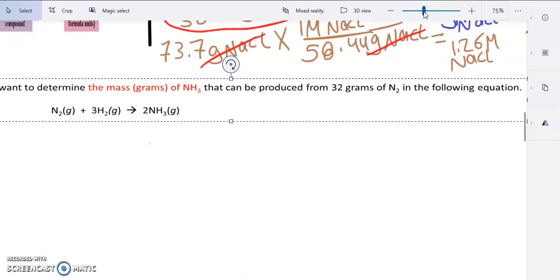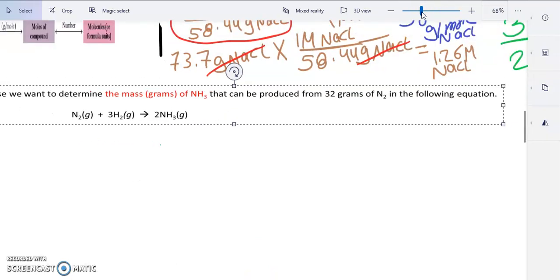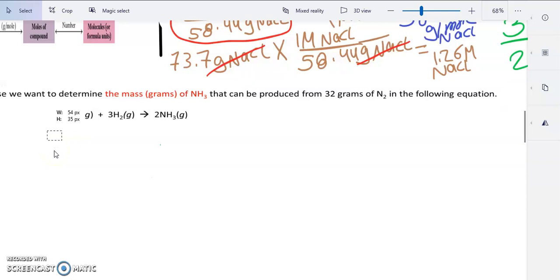So we start with given and needed. So first given, and then needed.